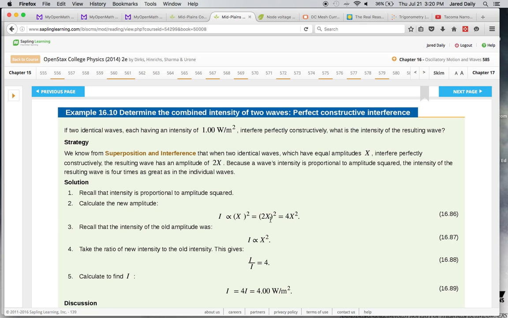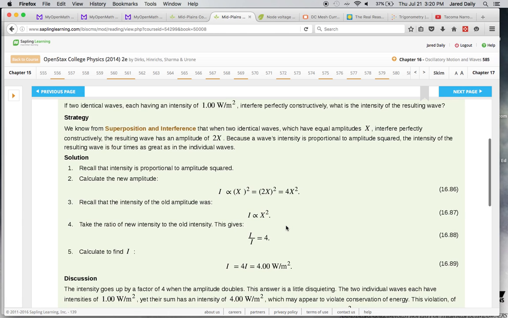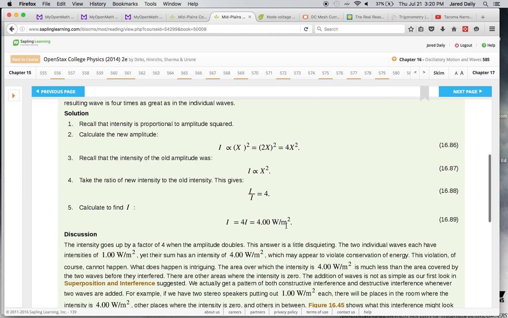So anyway, we know that it's proportional to the amplitude squared, but we're going to have an amplitude of 2x, so that's going to be 2x squared, which would be 4x squared if we do that. So what's really going to happen is that we have a ratio of new intensity to old intensity equal to 4 from our 4x.